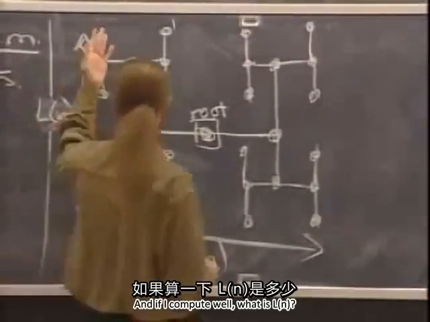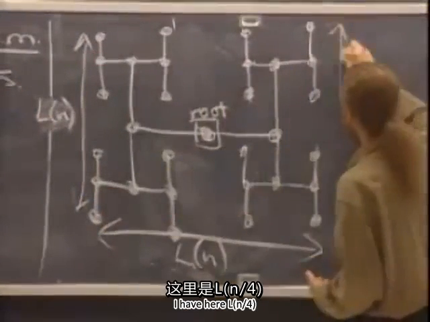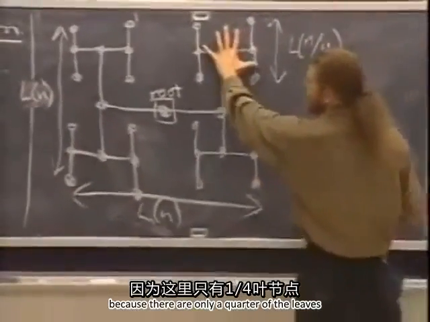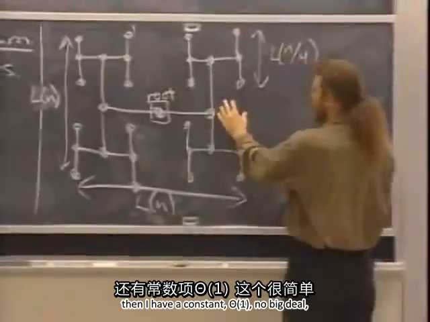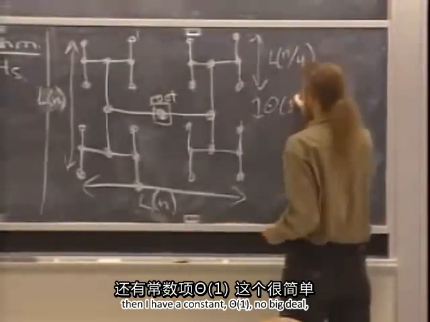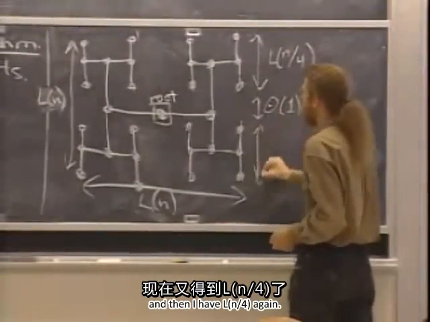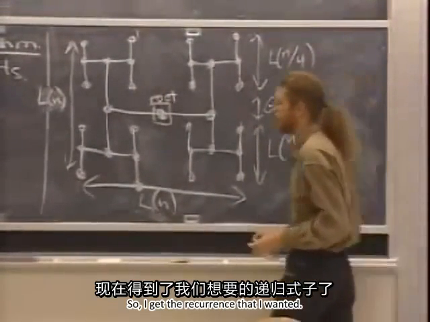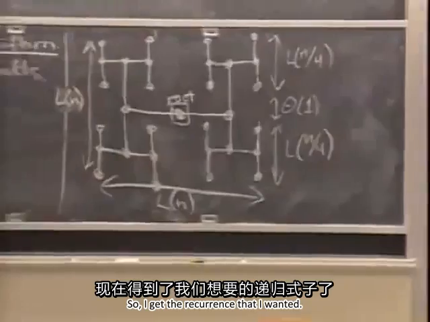And if I compute, well, what's L of n? I have here L of n over 4, because only a quarter of the leaves are in this one or in that one. Then I have a constant. This is like theta 1, no big deal. And then I have L of n over 4 again. So I get the recurrence that I wanted.